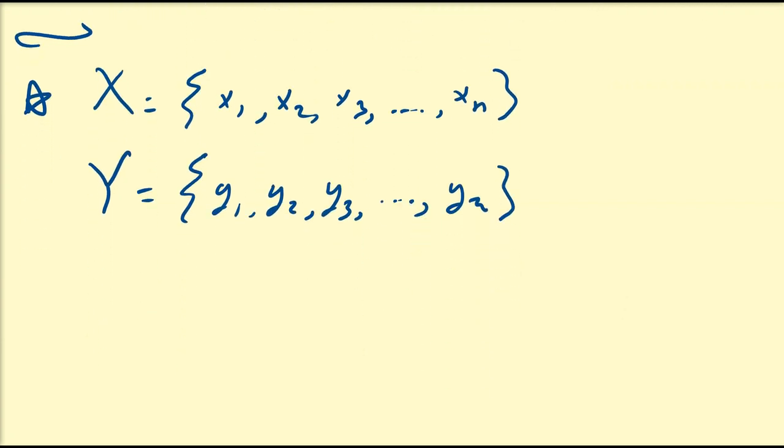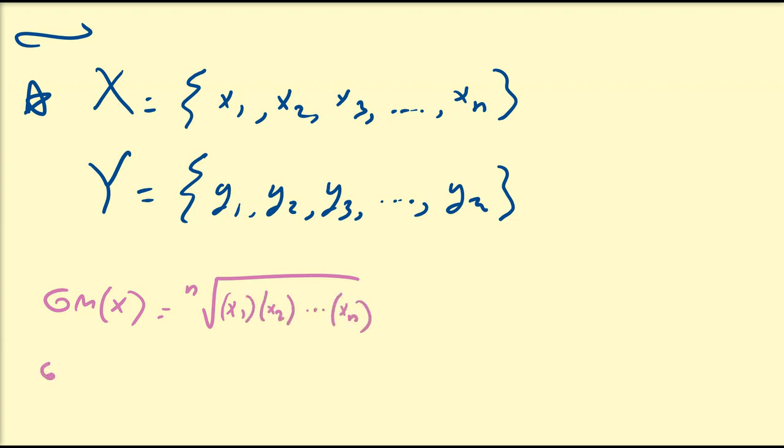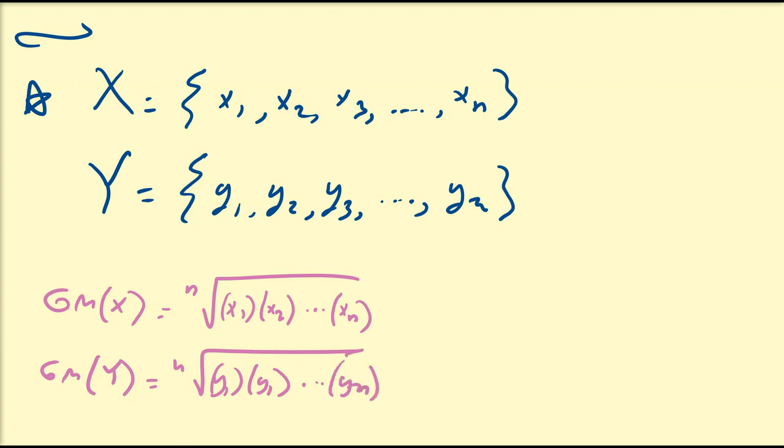So what would the geometric mean of x be? The geometric mean of x is equal to the nth root of x1, x2, all the way down to xn, and the geometric mean of y is equal to the nth root of y1 times y2 all the way out to yn.